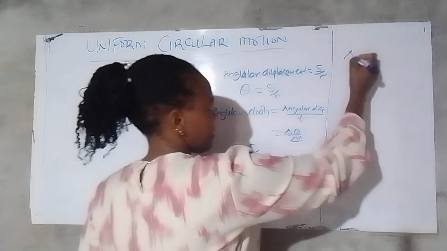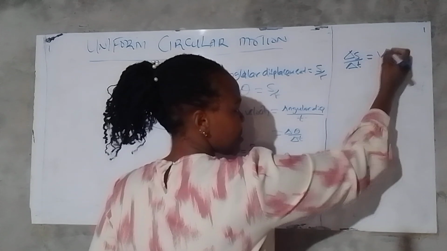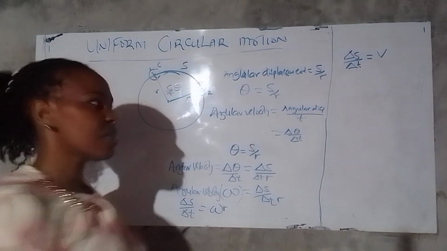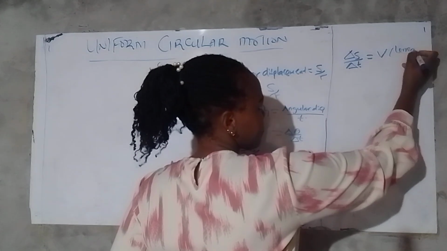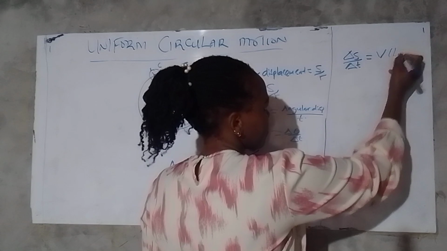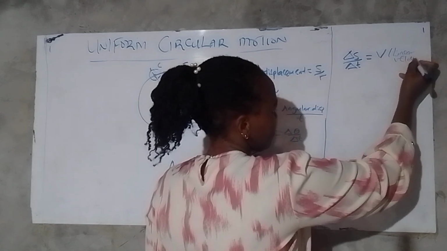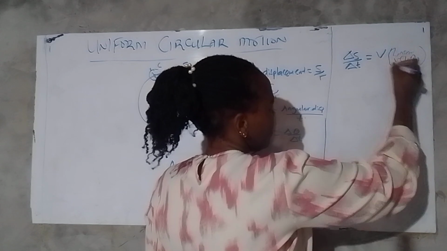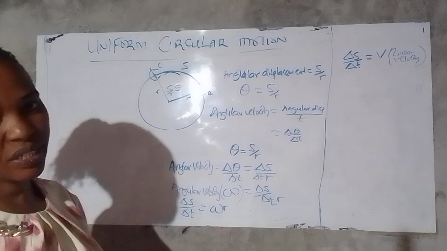So delta S over delta T equals V. What is V? V is linear velocity. Delta S over delta T is linear velocity.